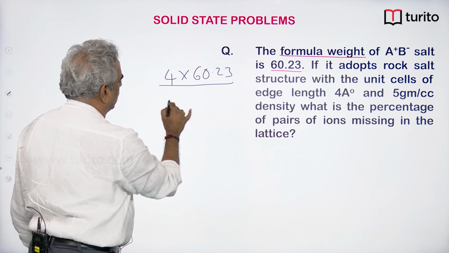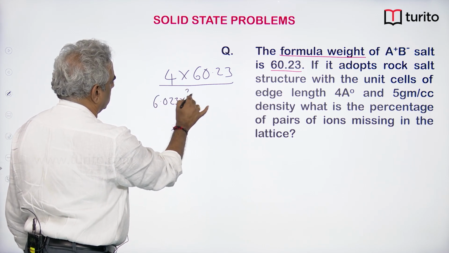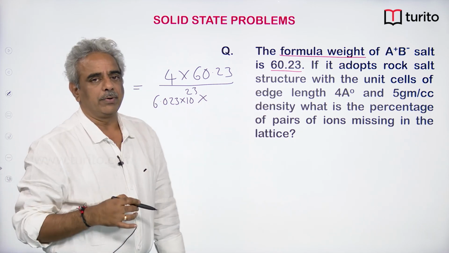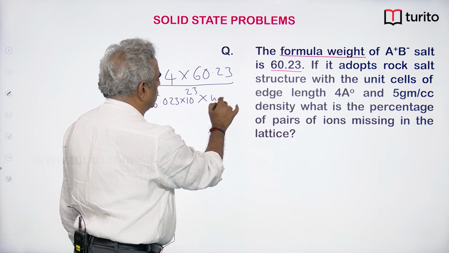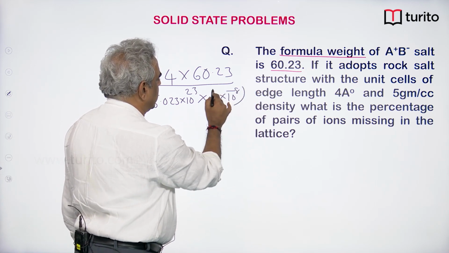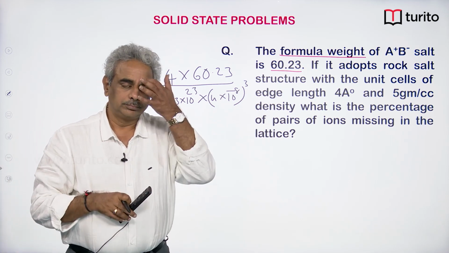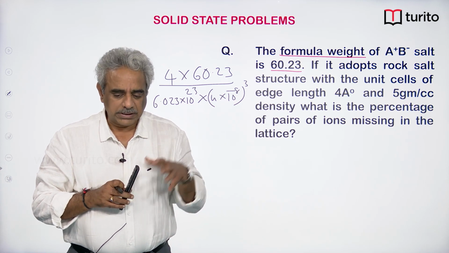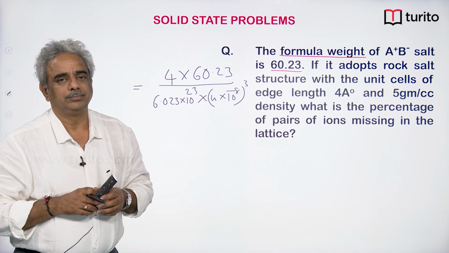We want molecular mass, so Avogadro number into edge length is given. From which you can get the volume, that is in angstroms, 4 into 10 power minus 8 cube. This way you can calculate the density of the crystal. Density of unit cell is the density of the solid.